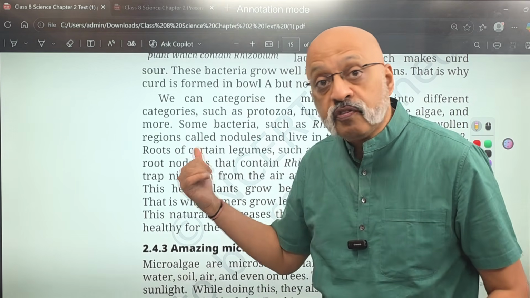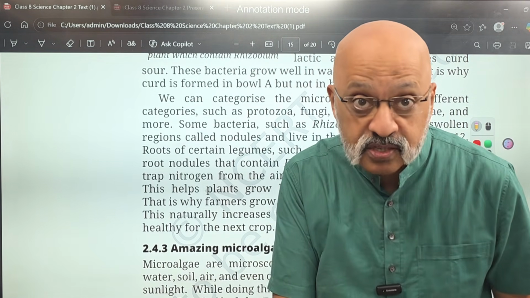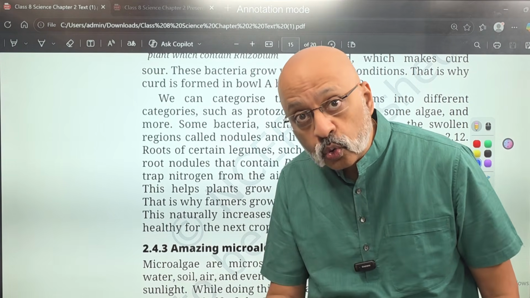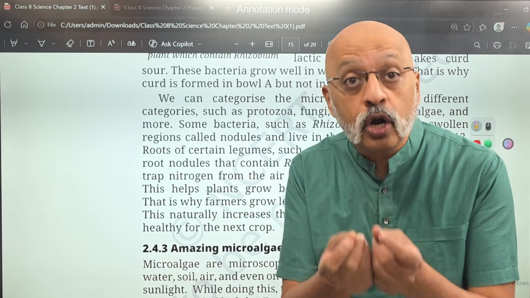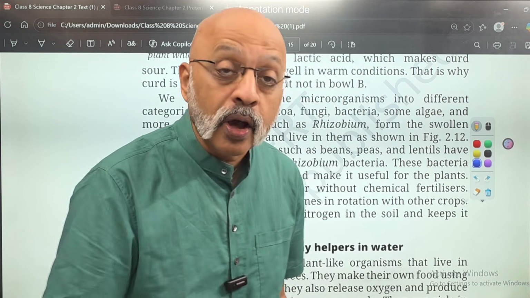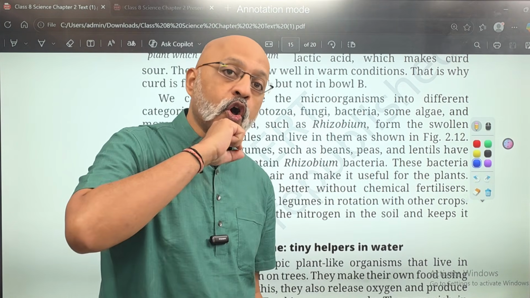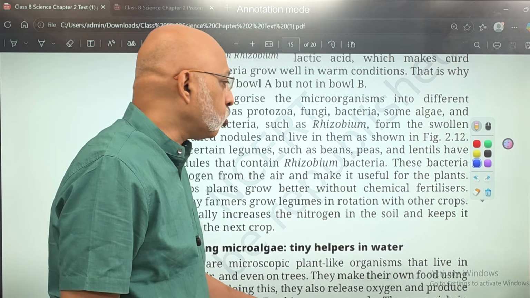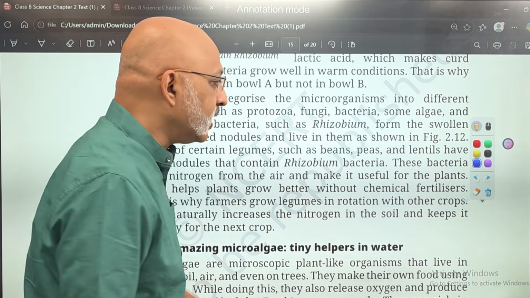So when you grow different kinds of plants like peas, for example, they have the root nodules which will have this bacteria called rhizobium, which will trap the nitrogen and leave it in the soil. And then when you grow wheat or rice, paddy or maize, they can use that nitrogen inside the soil. So that's what it says.